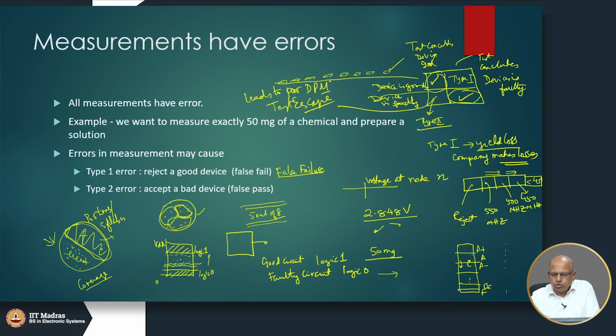You sold a certain number of chips to the customer as good chips, but actually they had some faults in them. So the customer will discover those faults and point them out. So the number of defective parts per million, as far as your calculation is concerned, maybe it was 200, but the customer is telling you that actually you supplied 250. So that can lead to difficulties. So that is what you have to understand.